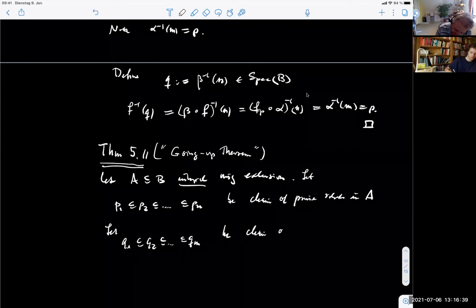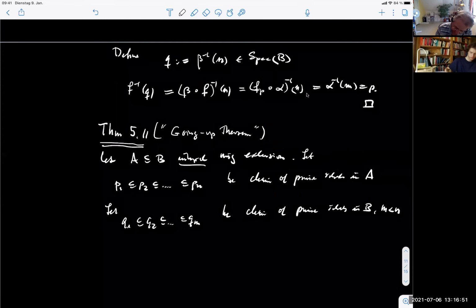Chain of prime ideals in B. And such that, I mean, the compatibility is when I contract these Qi's, I get the Pi's. So this is for all i where this makes sense.